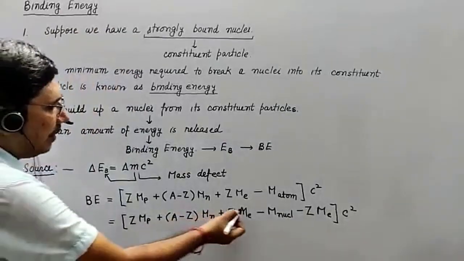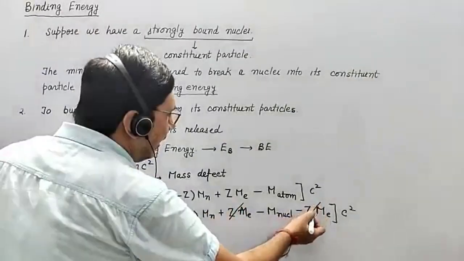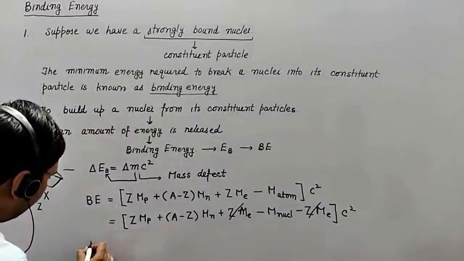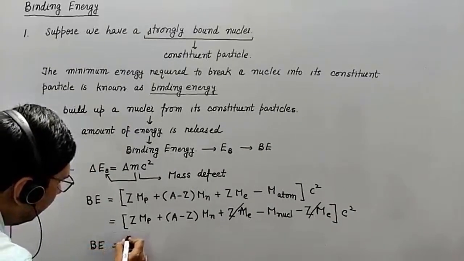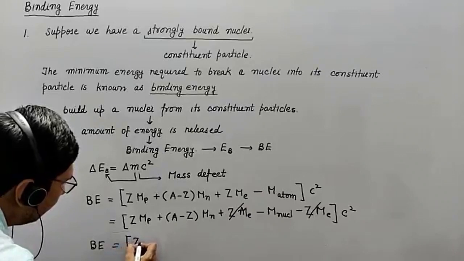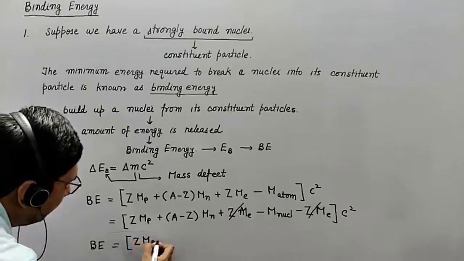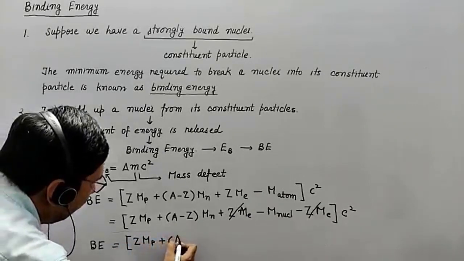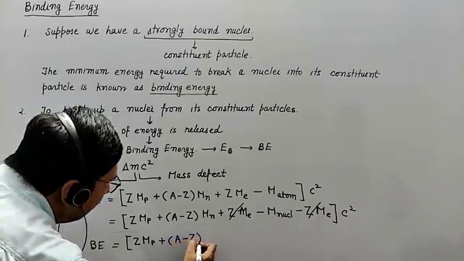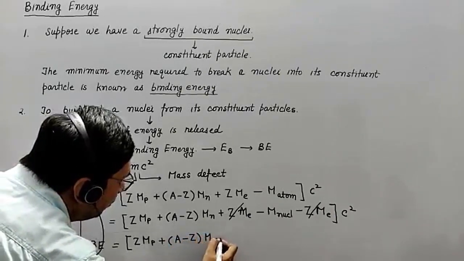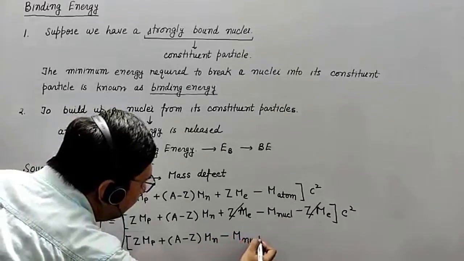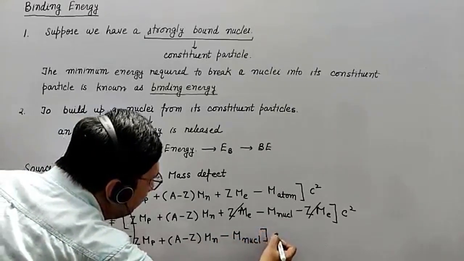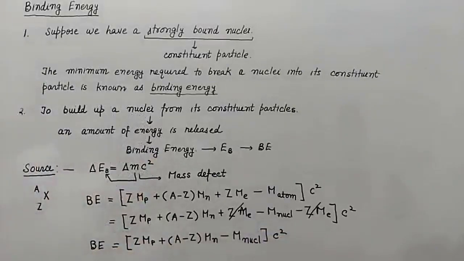So here the mass of the electrons will be cancelled out, and our formula will be Z times mass of proton plus A minus Z mass of neutron minus mass of the nuclei, into C square.